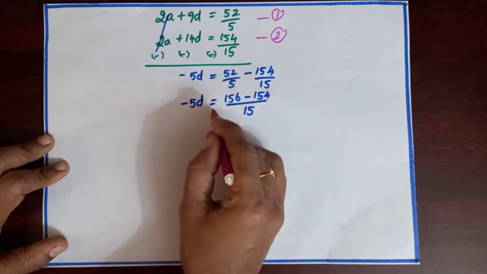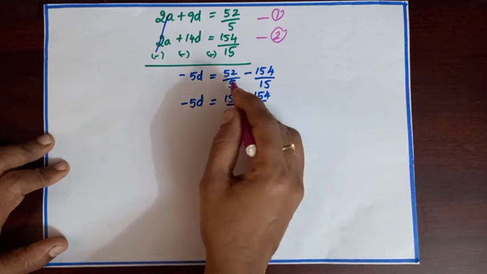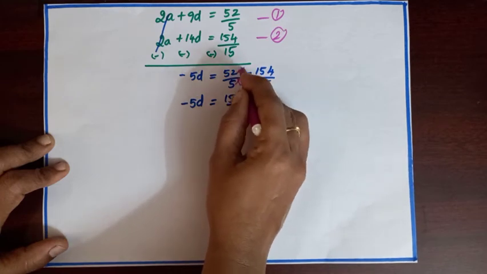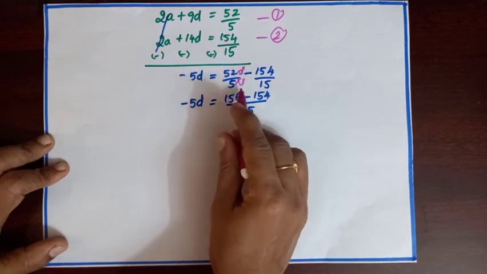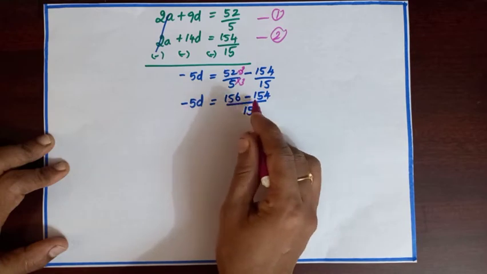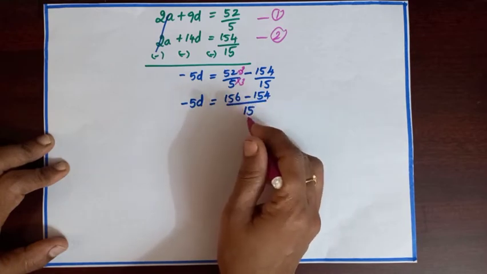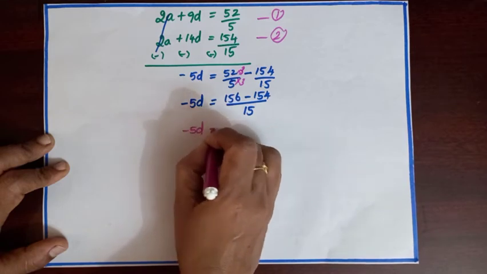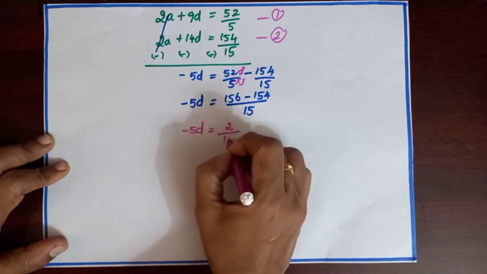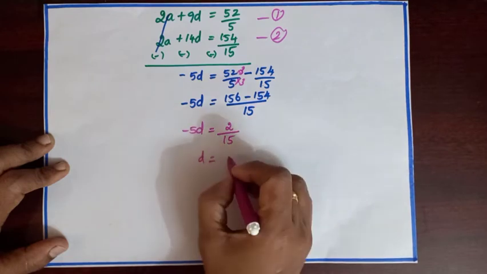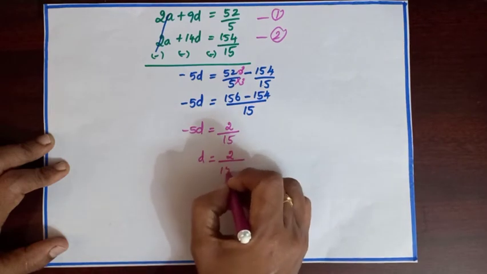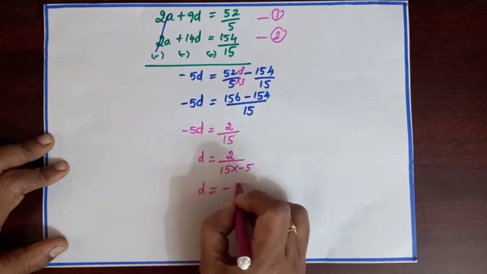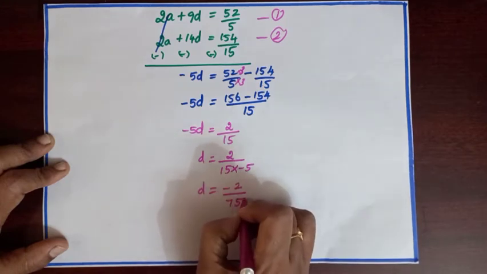Minus 5d equal to 156 minus 154 by 15, since 52 into 3 is 156 and 5 into 3 is 15. Then minus 5d equal to 2 by 15. Then d is equal to 2 by 15 into minus 5, which is equal to minus 2 by 75.